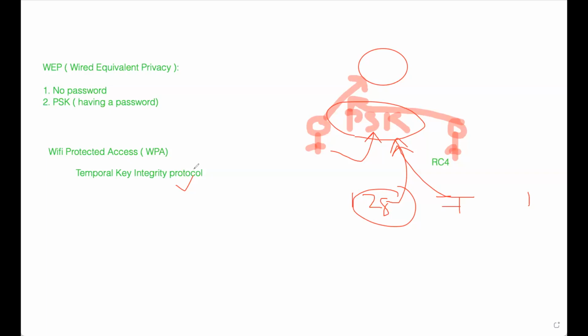But even that is not that secure. If someone tries for maybe 3-4 days, they can break the actual password with the combinations. That's why they came up with WPA2, which is the next level of WPA. They use something called the CCMP encryption technique.